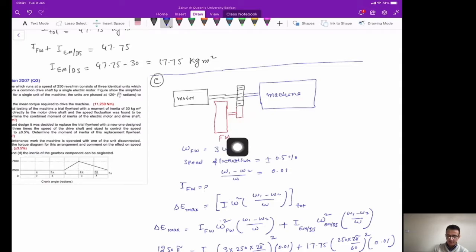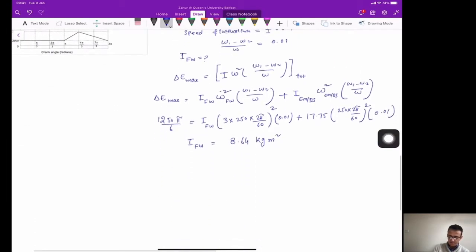In this case the flywheel speed is 3 times the speed of the drive shaft. So that's why the required size of the flywheel reduced. You can see the previous case it was 30 and now it's reduced to 8.64.